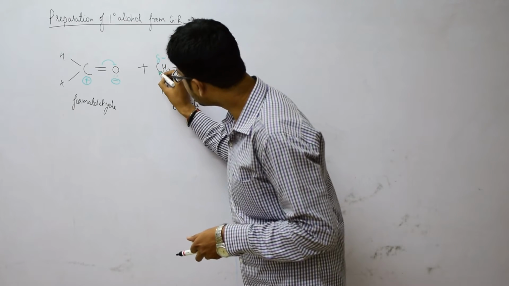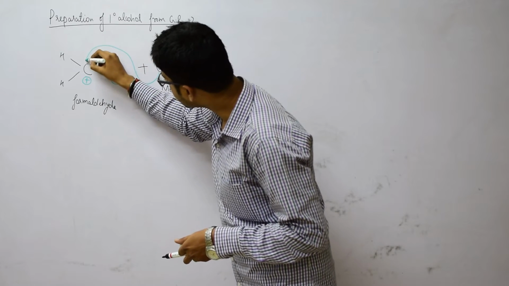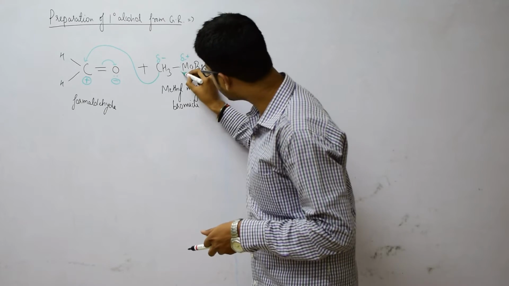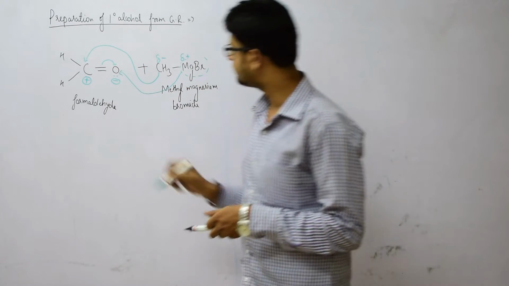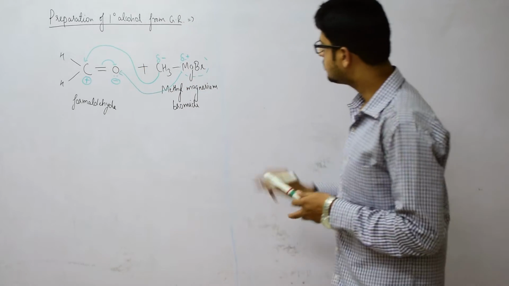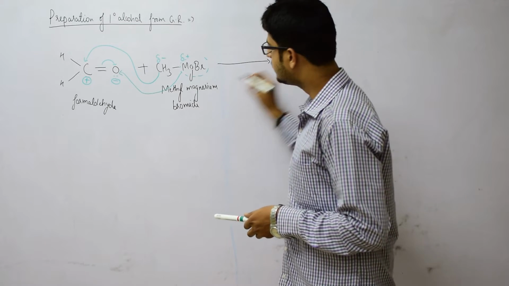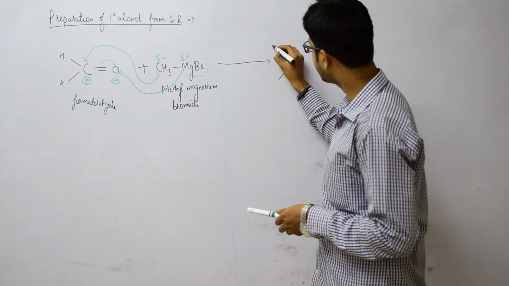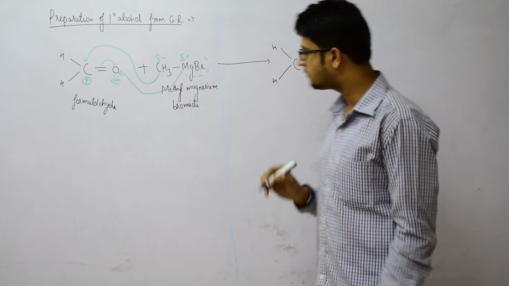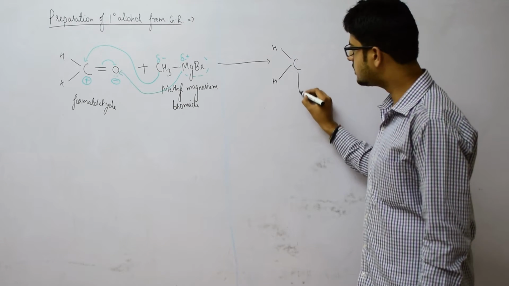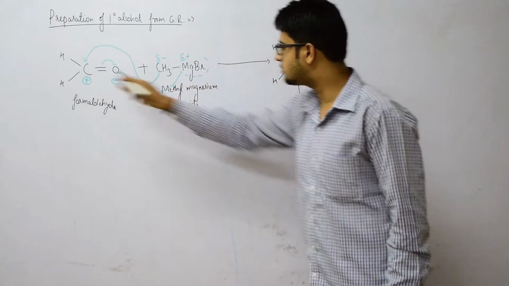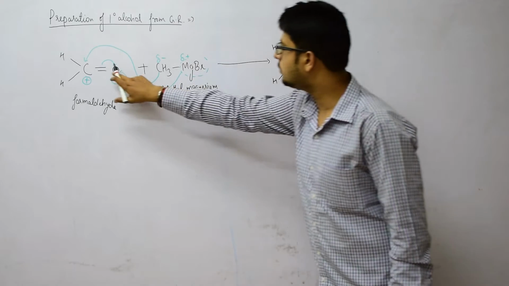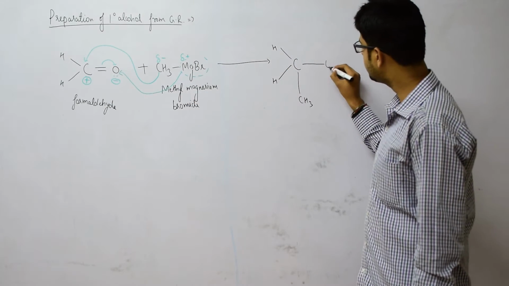So this methyl group will attack this carbon atom and this MgBr group will attack this oxygen atom. Our product would be the carbon atom of the formaldehyde molecule containing 2 hydrogen atoms, with CH3 attached to it, and here it will be OMgBr.